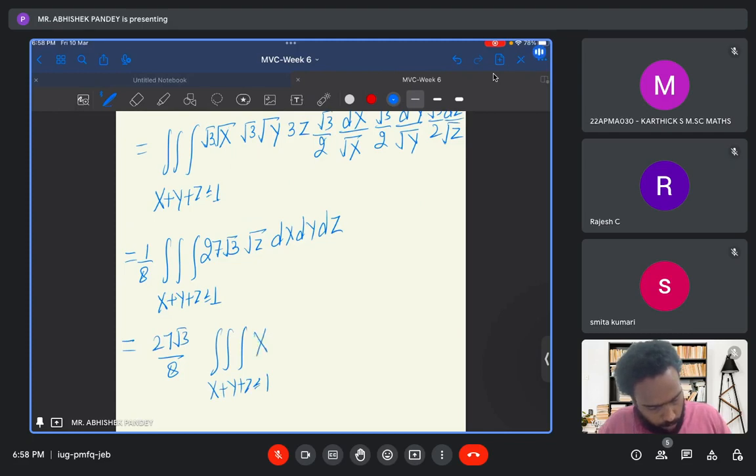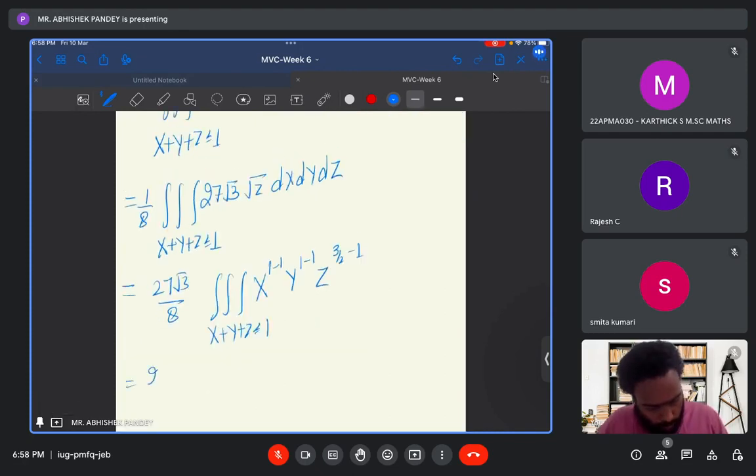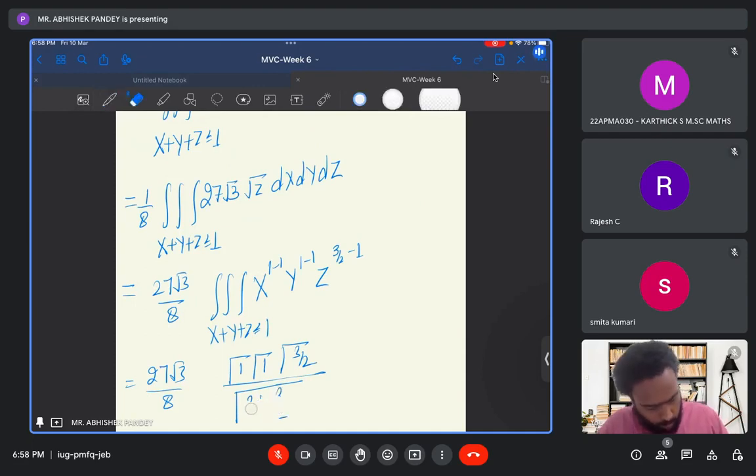You can write x to the power 1 minus 1, y to the power 1 minus 1, and z to the power 3 by 2 minus 1. Now by Dirichlet integral theorem, this will be 27 root 3 by 8, gamma of 1, gamma of 1, gamma of 3 by 2, over gamma of 3 plus 3 by 2, so this will be gamma of 9 by 2.